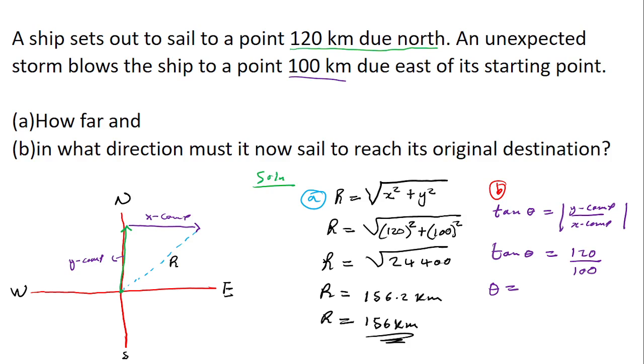The final answer is 50.19, because we were saying 120 divided by 100, but when you do the tan inverse, it gives 50.19 degrees, which is 50.2. So this is the final answer for that particular question.